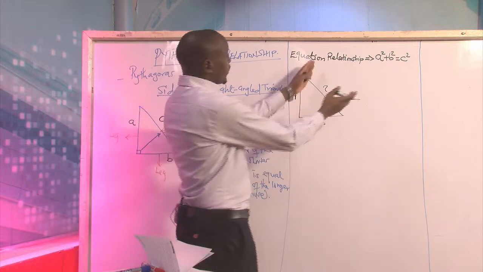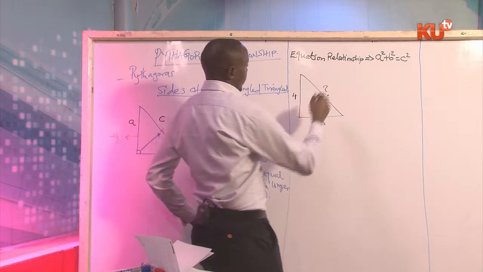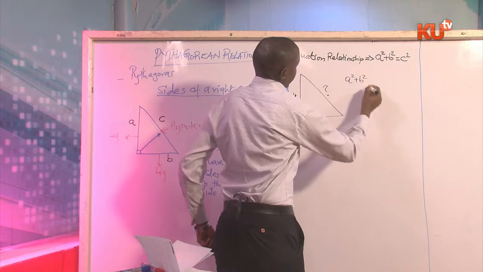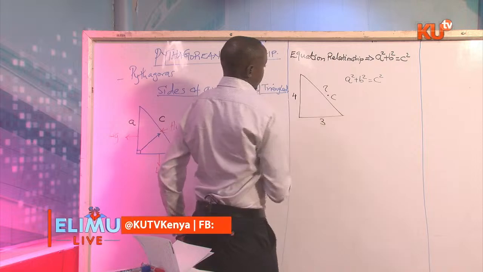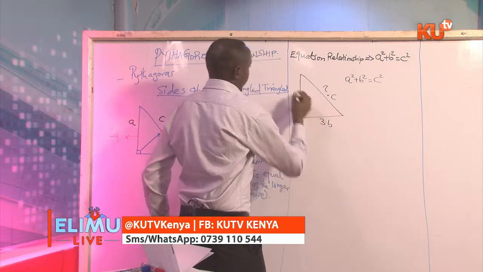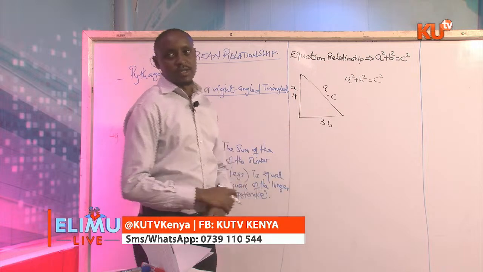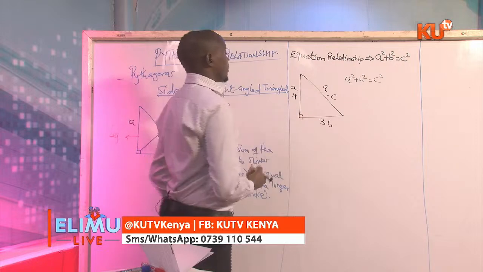So according to our equation relationship, A squared plus B squared is equal to C squared. So we said, let this be C, and let these be A and B. Any of them can be either A or B. They are all shorter sides, or the legs. They can take any letter.